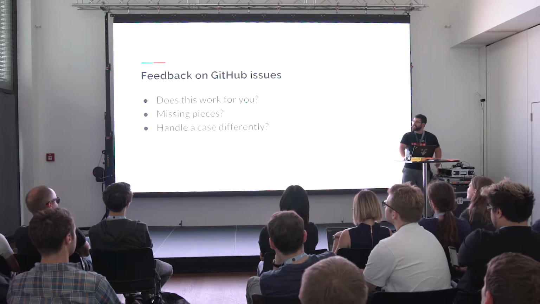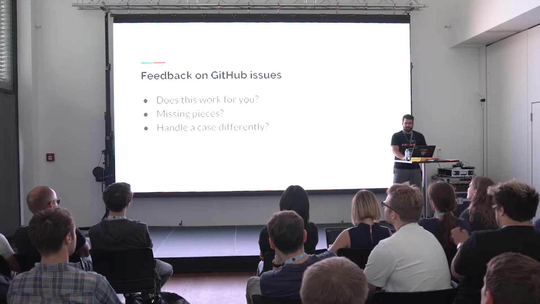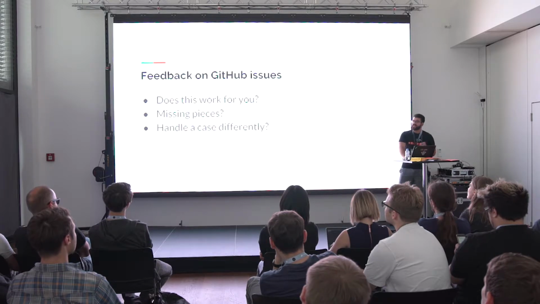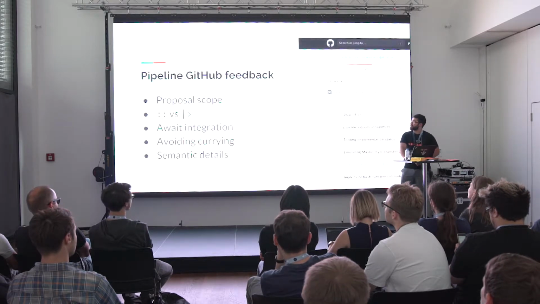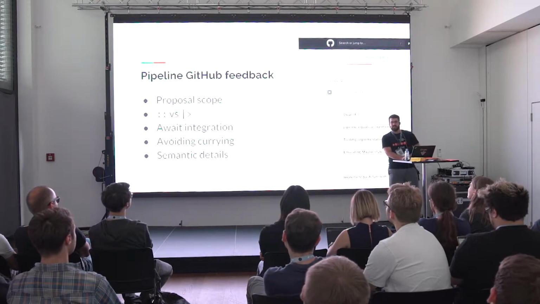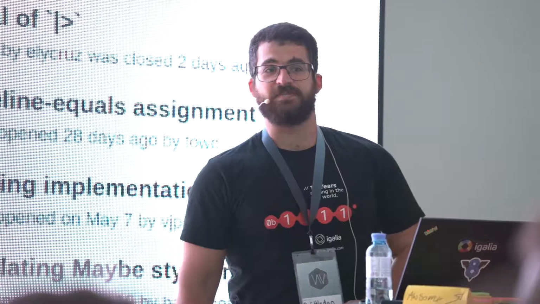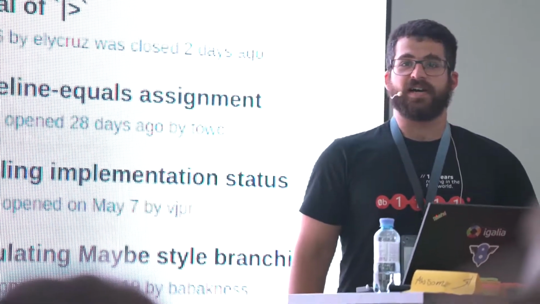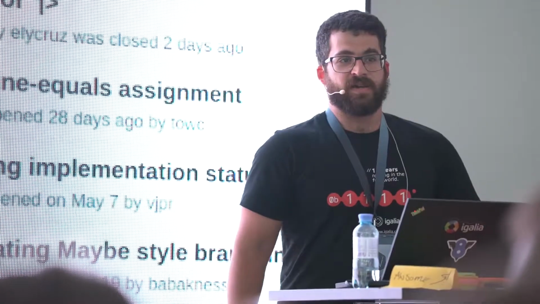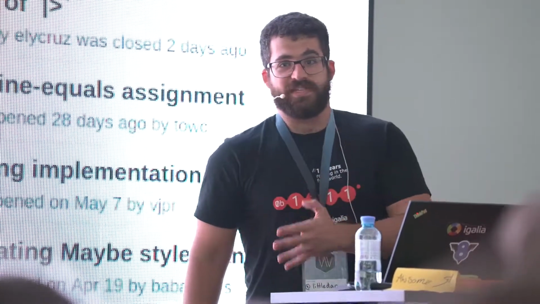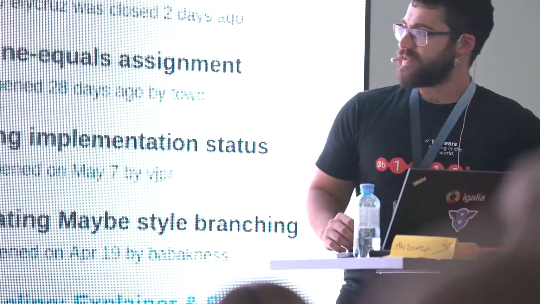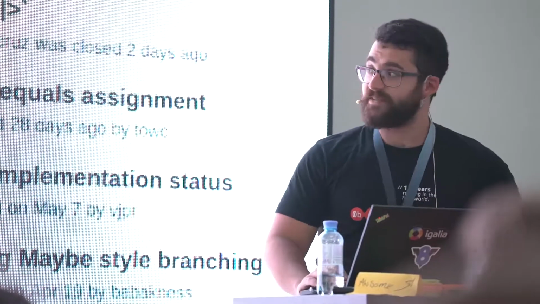We'd like to hear about whether a proposal would work for you, if there's any missing pieces, if it seems weird how it works in a particular way. And in the case of the pipeline operator, basically all the work has been happening on GitHub so far. We've had some committee discussion, but the majority of the discussion has been here. And we've talked about every aspect of the proposal.